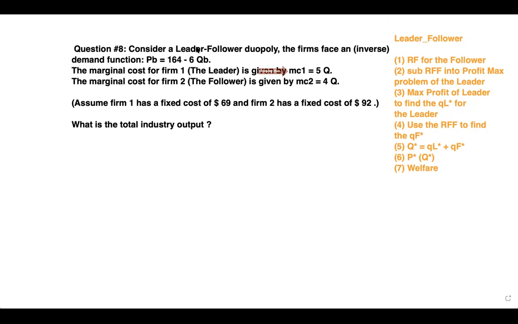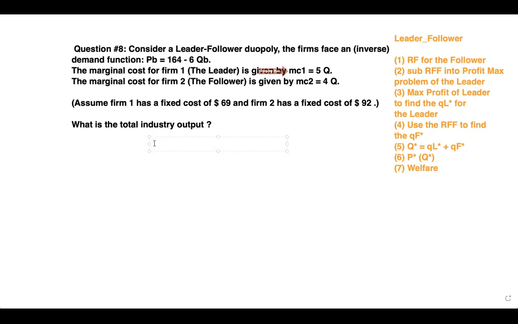Okay. So let's go ahead. So you said, Ben, that you had the reaction function for firm 2. Yes. Okay, so let me do this a little bit.